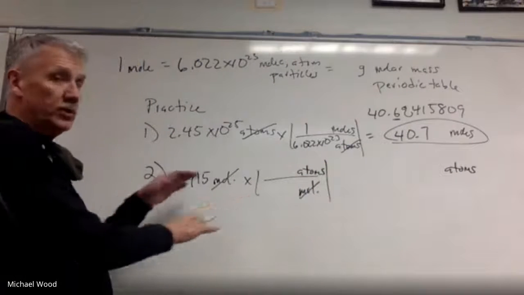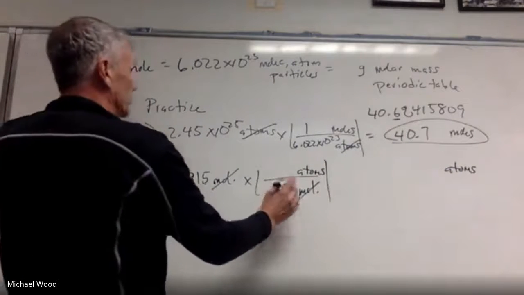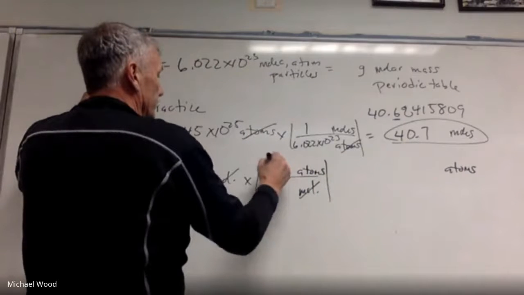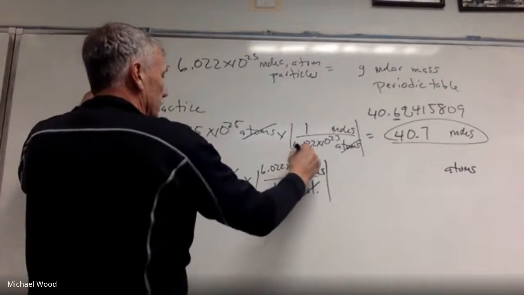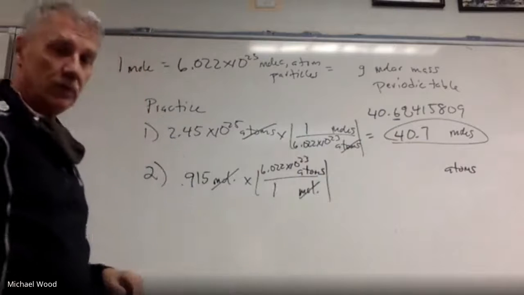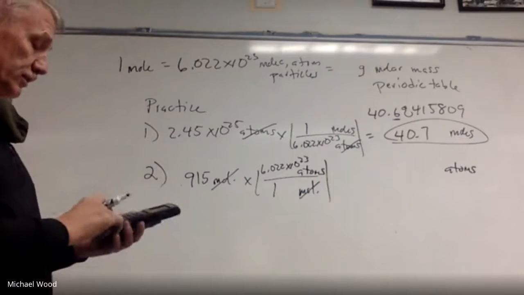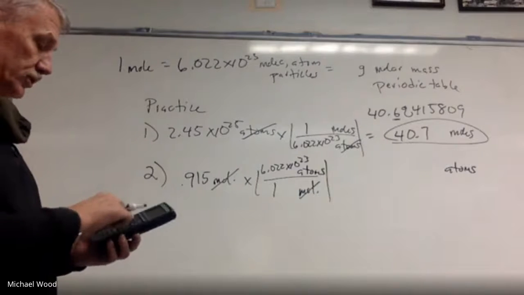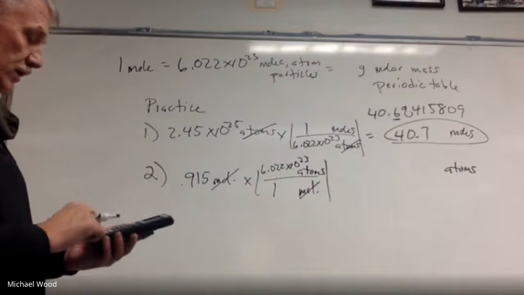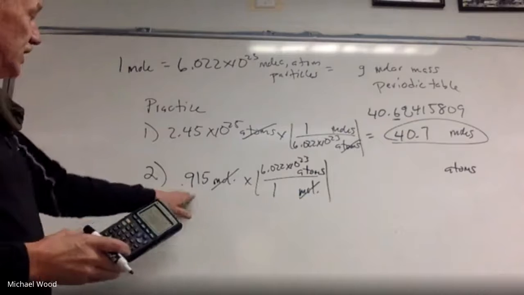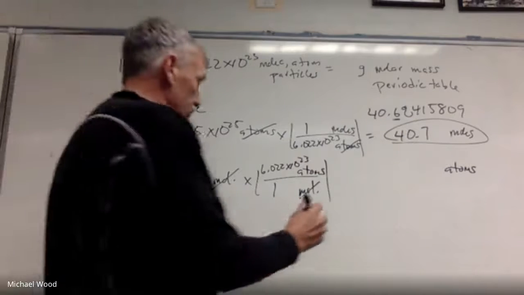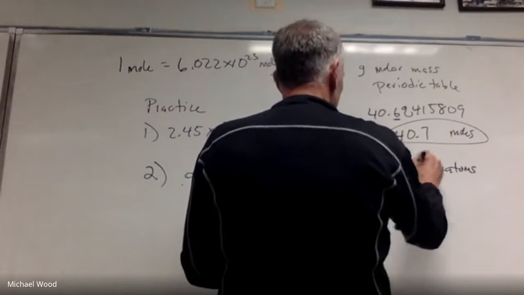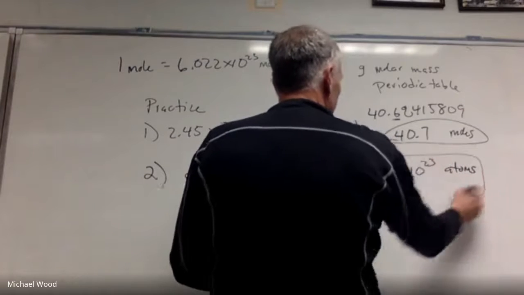So I set up the units, and now the number that goes with moles is 1, and the number that goes with atoms is Avogadro's number. You should try that on your calculator: 0.915 times 6.022 second exponent 23. Because this has 3 sig figs, I want my answer to have 3 sig figs. 5.51 times 10 to the 23rd.